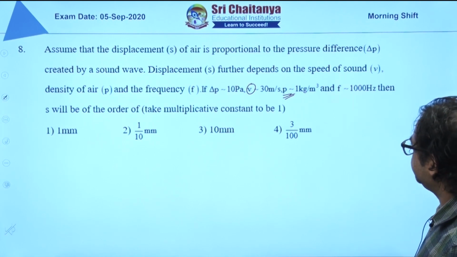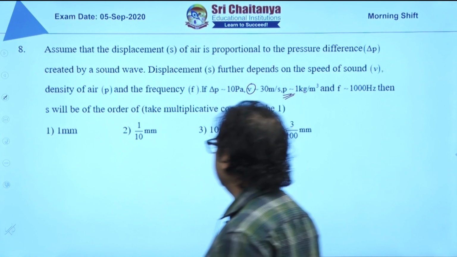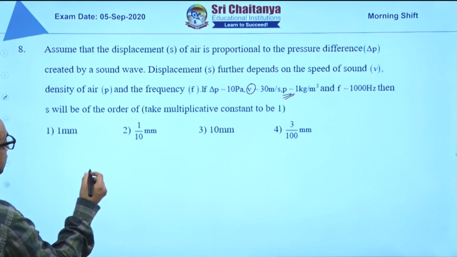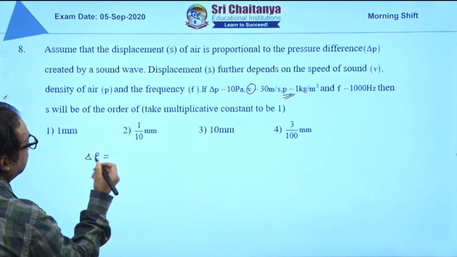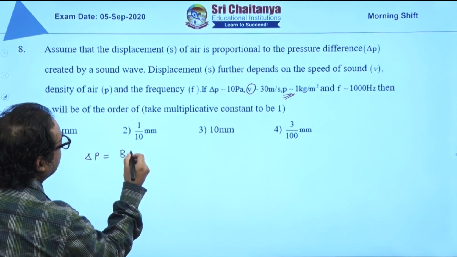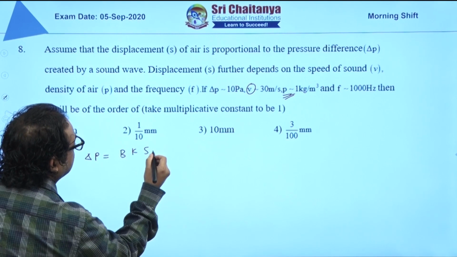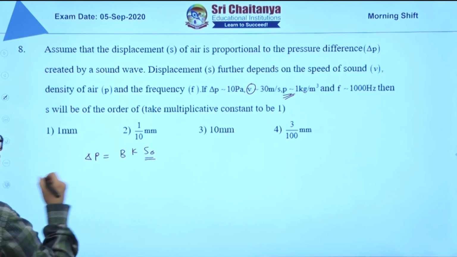So basically we know the formula, that is pressure amplitude is nothing but B into K into S naught. This is your displacement amplitude.